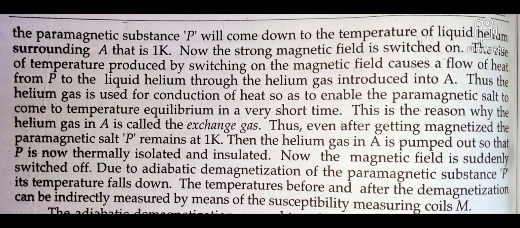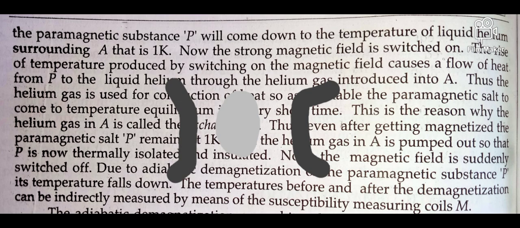The rise of temperature produced by switching on the magnetic field causes a flow of heat from P to the liquid helium through the helium gas introduced into A.